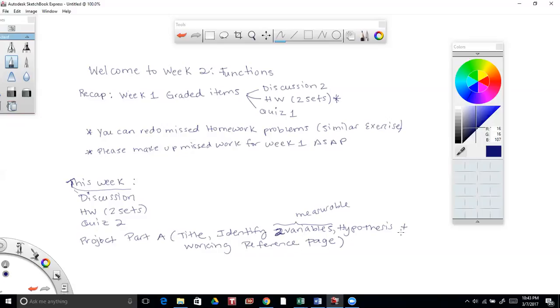Your hypothesis, okay? What do you think will be the relationship? And then also provide a working reference page. This is on a separate page, okay? So the resources that you use in your project will go on this working reference page.